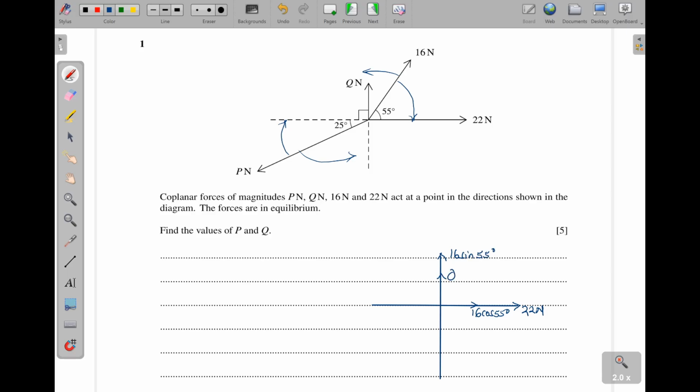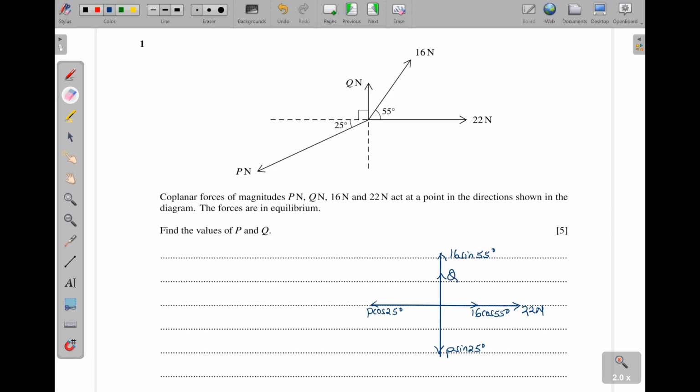Then we also have Q here. When we resolve P horizontally, it is going to be P cosine of 25, and vertically, P sine of 25. So those are my resolved forces. Now I can simplify this.